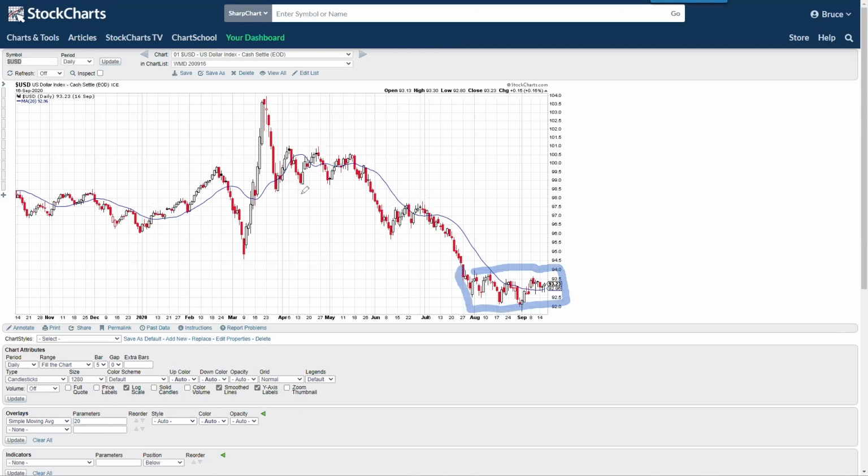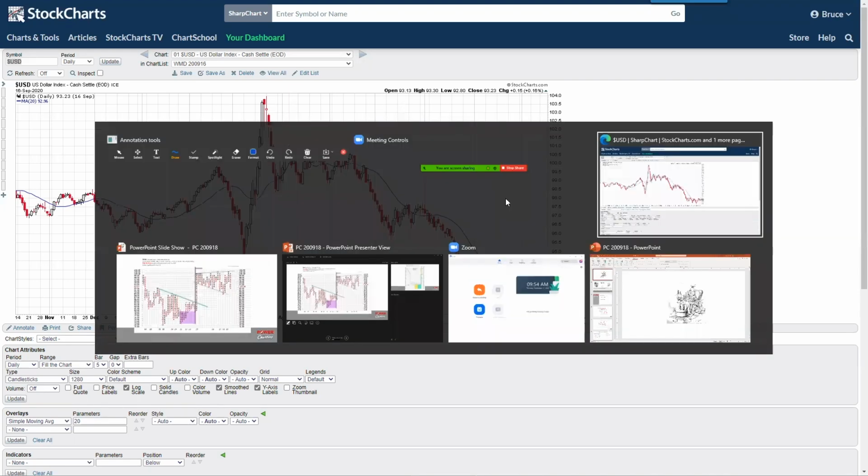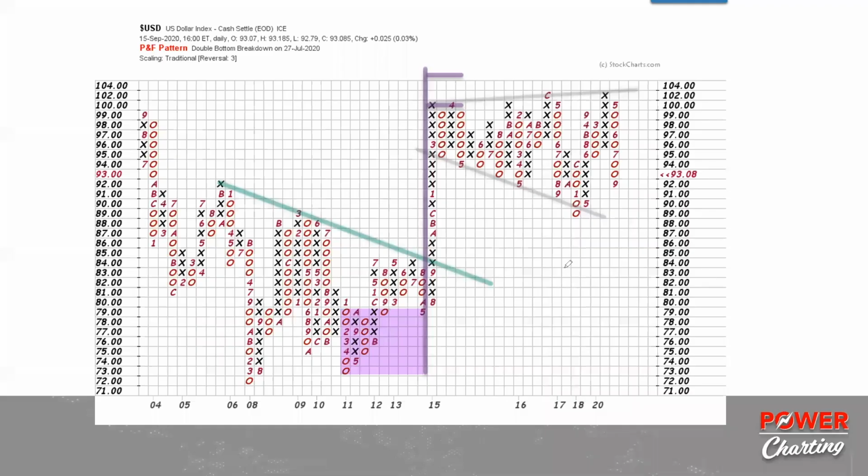Well, it's possible that this is redistribution as took place here. We'll wait and see, but let's ask the question, could this be accumulation? And with that, clear this drawing, and let's go to a chart that we have of the dollar.